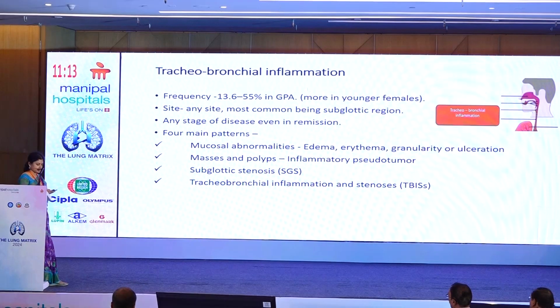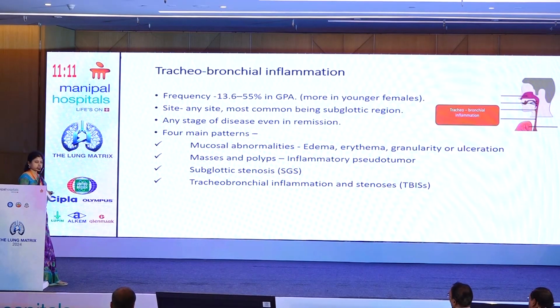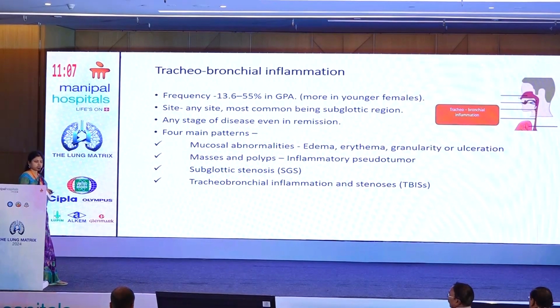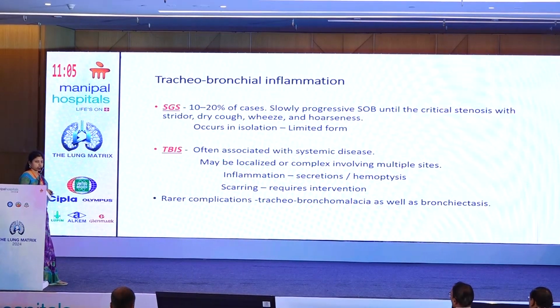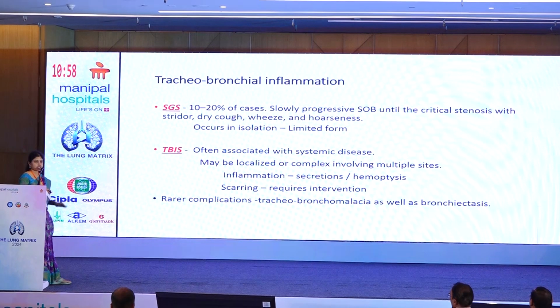The third common presentation is subglottic stenosis, SGS. And the fourth is tracheobronchial inflammation with stenosis. This subglottic stenosis is usually a missed case. It is seen in up to 10 to 20% of the cases. Patients usually present with slowly progressive shortness of breath, and usually the diagnosis is missed until the patient presents with stridor and severe wheeze.